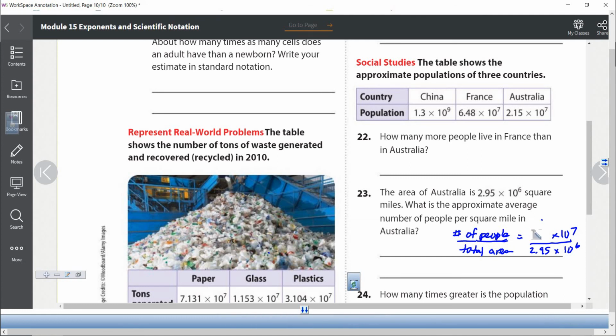Okay, so then we would do that problem. Remember, with scientific notation, you can just subtract the exponents and divide. And remember to make sure you write your answer in scientific notation. Although in this case, the approximate average number of people, you're going to find out it's actually a pretty small number.